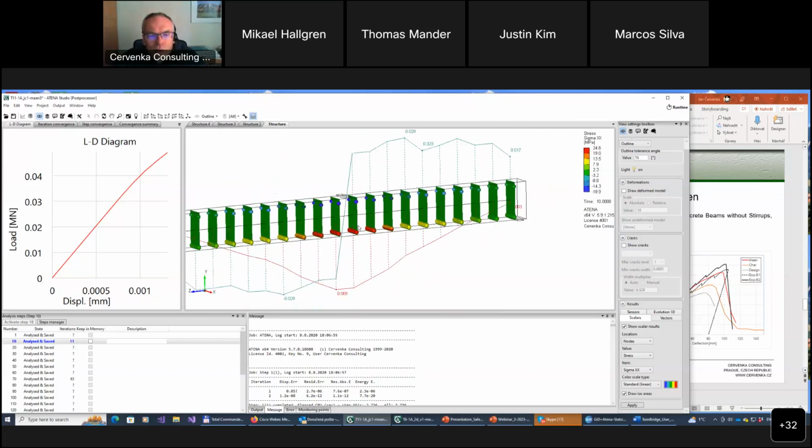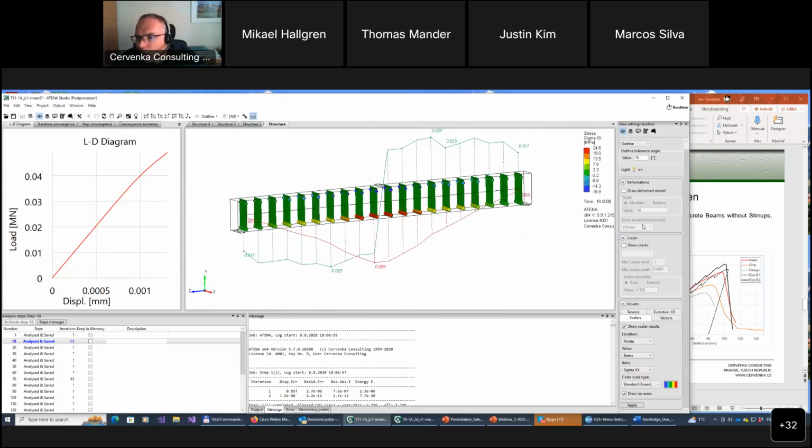Yes, so this is maybe also an answer to the previous question. So this is another way how to get these reinforcement stresses at some most interesting and critical sections.